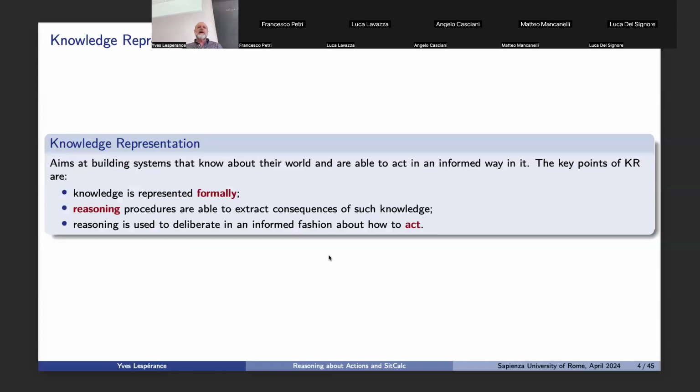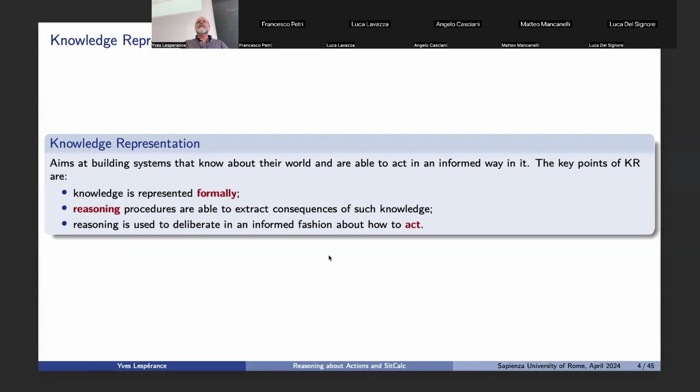Okay, so in this work, we're taking a particular approach to building intelligent agents, and this is the knowledge representation approach.